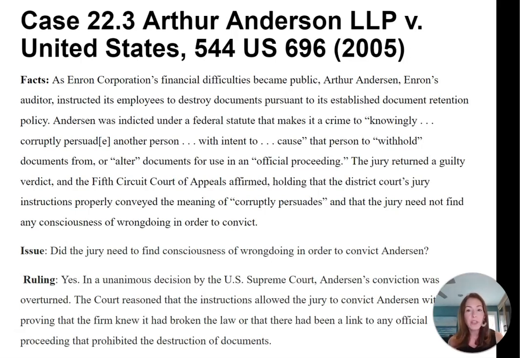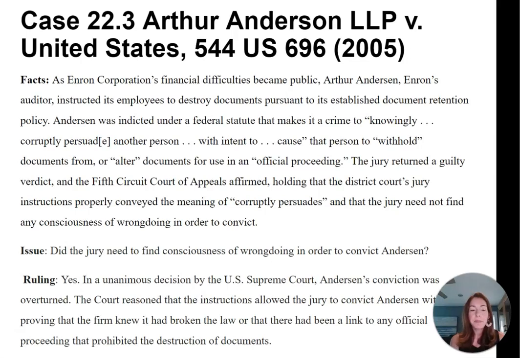And this was pursuant to an established document retention policy. So companies often have these document retention policies, which set out how long documents should be kept, when they should be destroyed, how they should be destroyed, how the determinations are made with regard to retention or destruction.